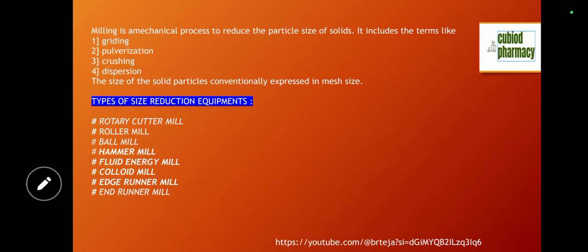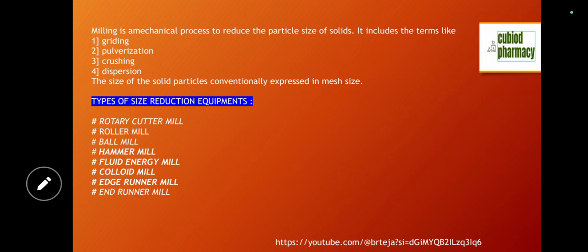The size of solid particles is conventionally expressed in mesh size. What is mesh size? It depends on the number of pores in the screen, per inch of screen. What is milling and size reduction? Let me explain in detail.